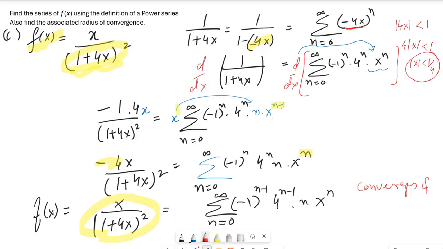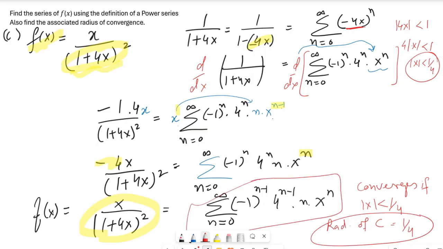So this converges if absolute value of x is less than 1 by 4. Therefore, the radius of convergence is equal to 1 by 4. So the answer to the series is this expression, and the radius of convergence is 1 by 4.